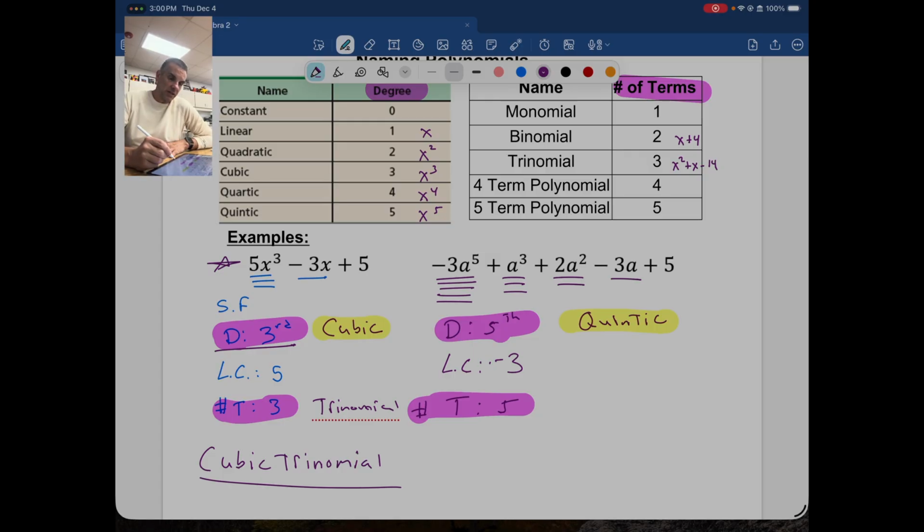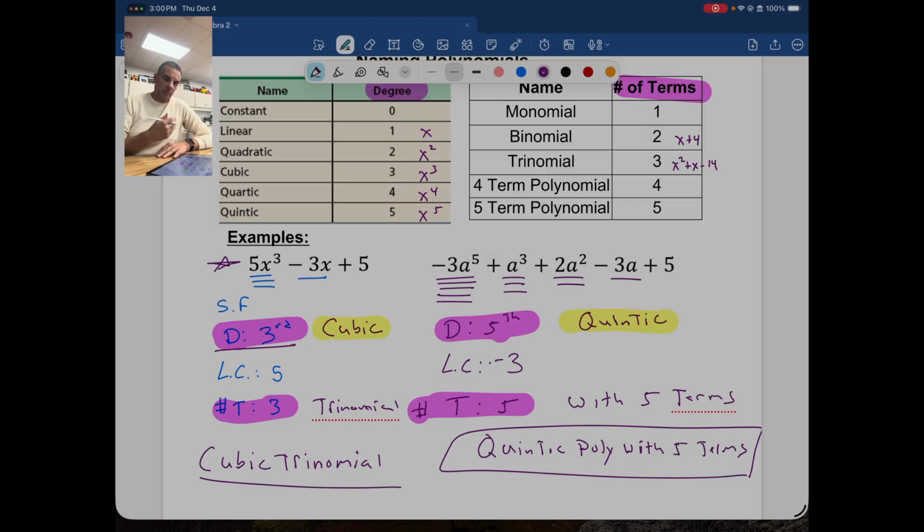So the way I would name this is a quintic polynomial with 5 terms. Name it by its degree first, and then by the number of terms.